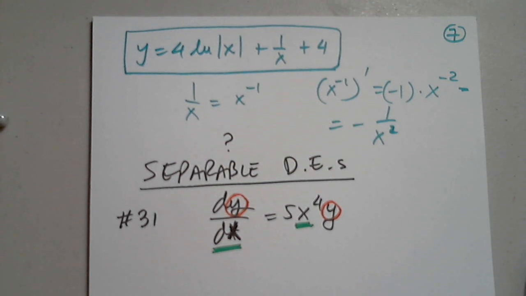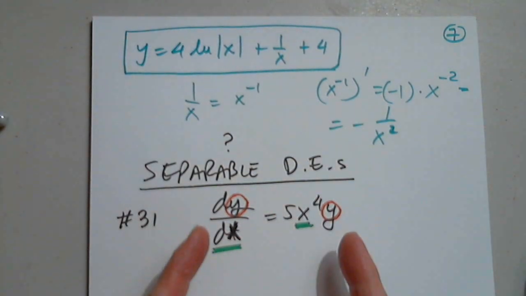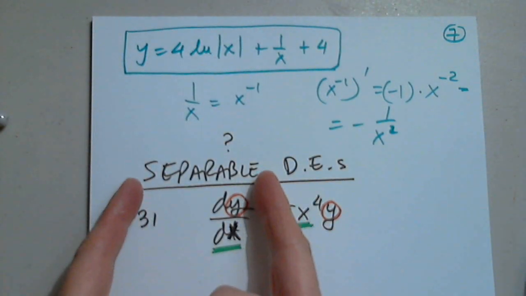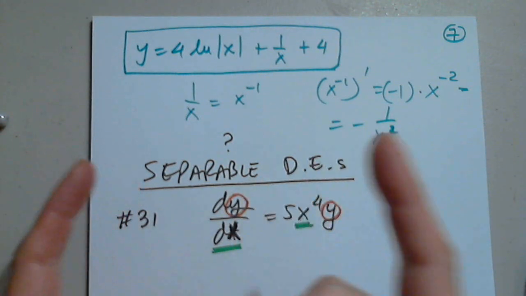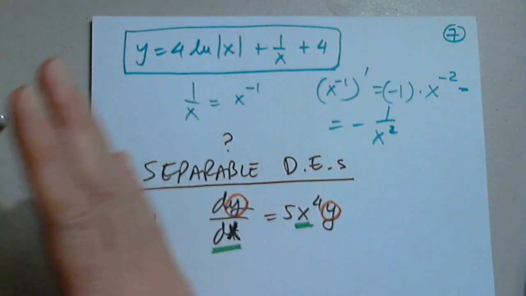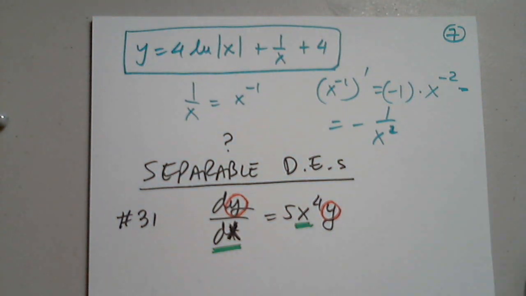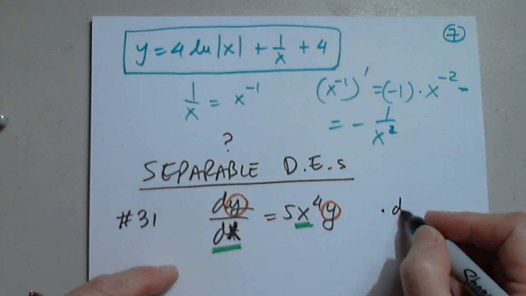I don't want them to be present on both sides. I want to separate them. I want y to be alone on one side, and I want x to be alone on the other. My first step would be, in this case, to multiply both sides by dx.